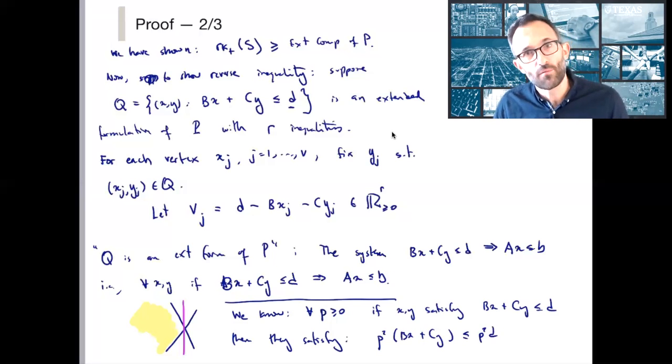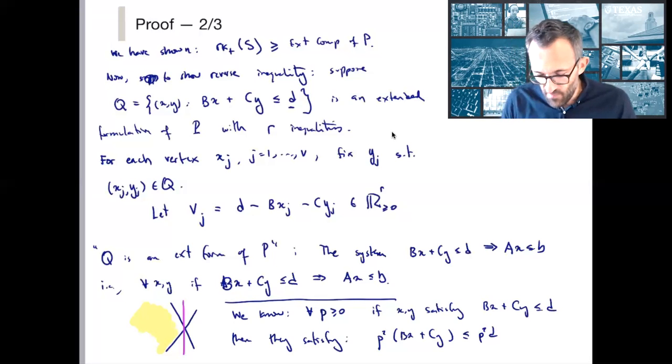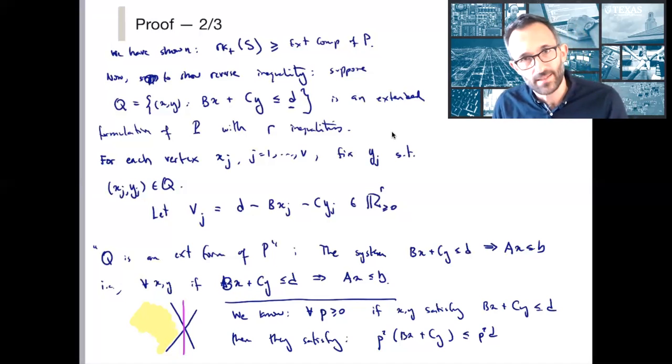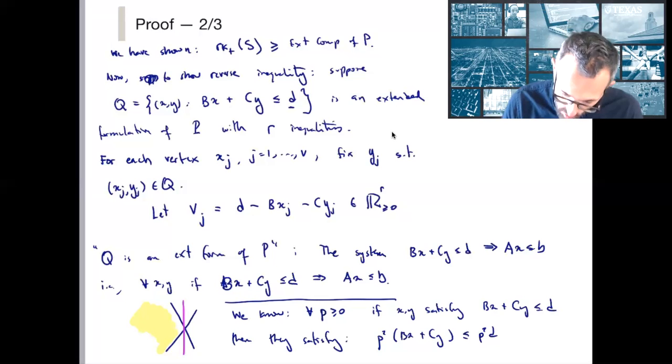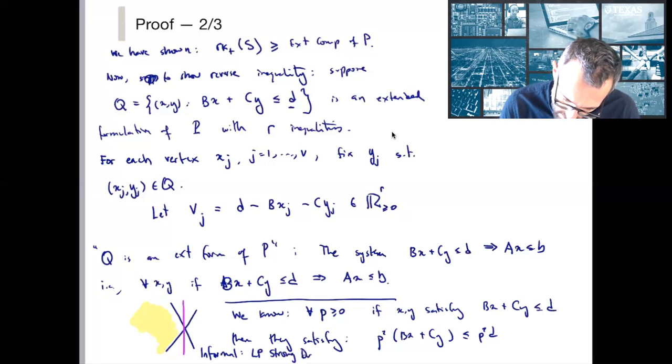The statement of strong duality is essentially telling us that if Bx plus Cy is less than D, then there exists a P such that P transpose (Bx plus Cy) less than P transpose D is exactly the system Ax less than B. So I'll just write this as informal LP strong duality.